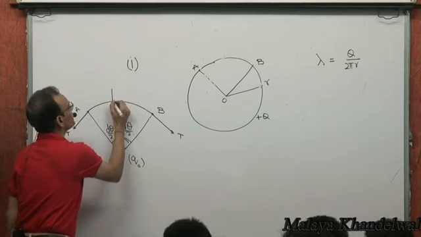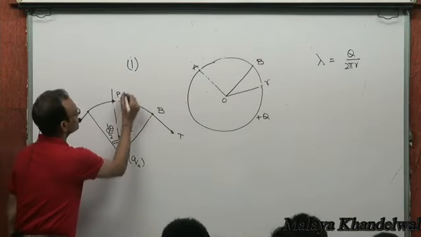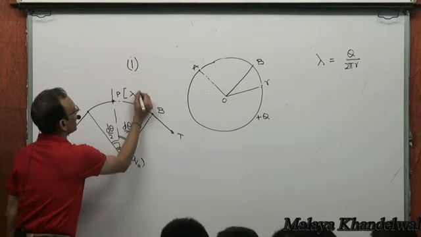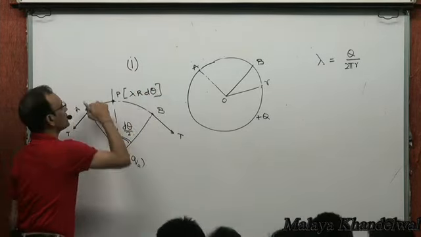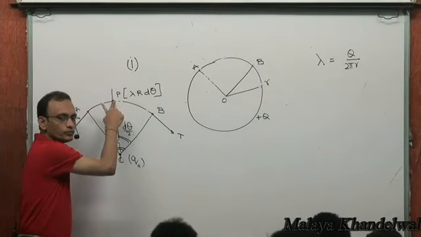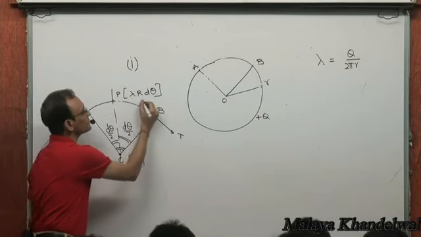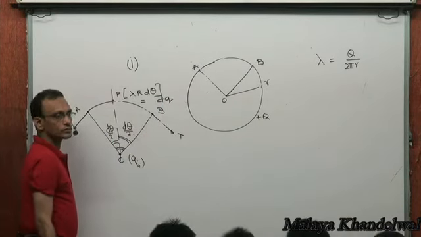This AB could be replaced by a point charge at P, which is lambda r d theta, the charge at this, right? R d theta is the length of this, into charge per unit length would be the charge at Q. That will be almost like the charge at Q, which is, say, dq, right?